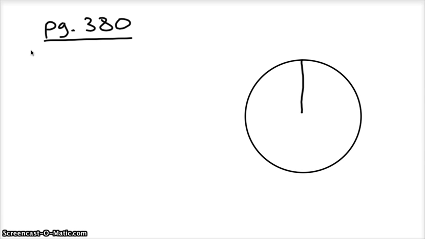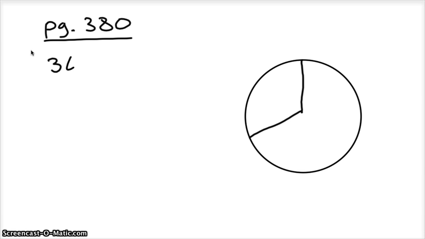To find out the degrees, I would multiply 35% by 360. So that's 0.35 times 360, and that gets me 126. So I would then measure out 126 degrees. So I know if I go, that's probably about that. Okay? So, pretty plain and simple.